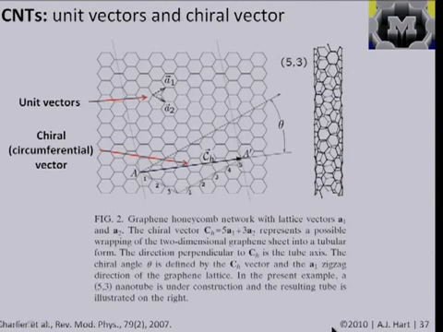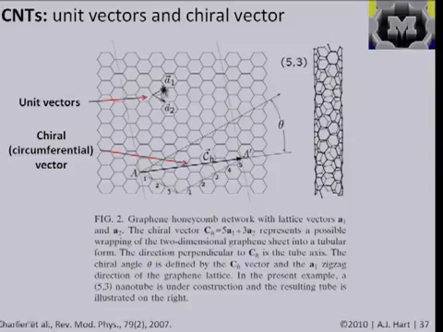So in the case of doing this flat to tubular, or you could say 2D to 3D transformation, we can make a few definitions. And this is described in good detail in the Charlier paper, which is on C-tools. The first thing we're going to define is these unit vectors.